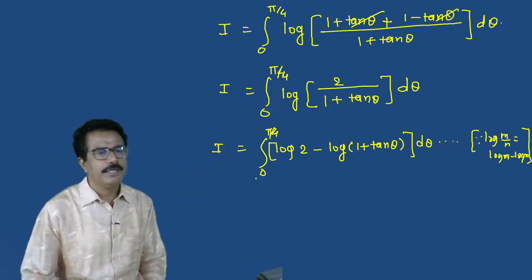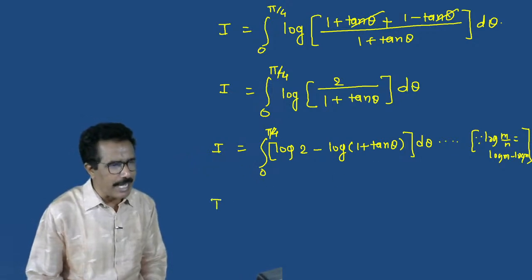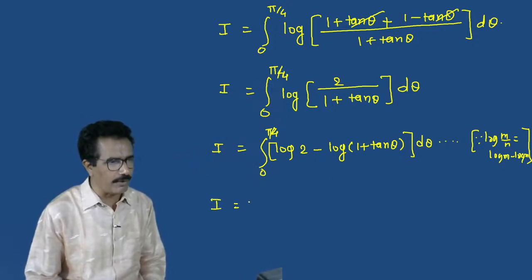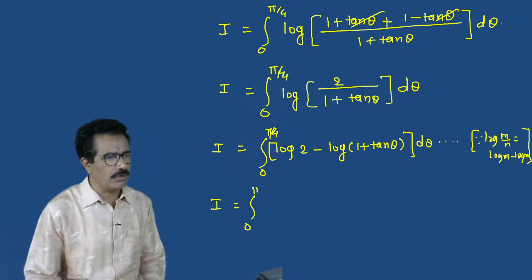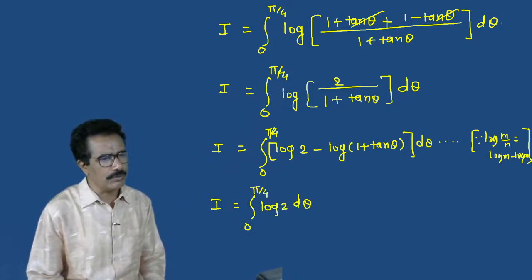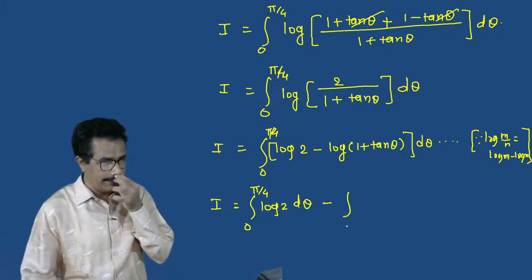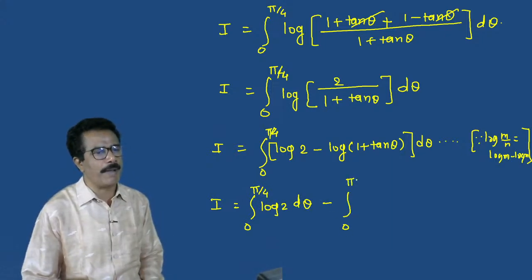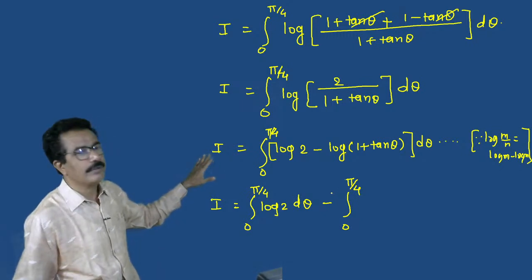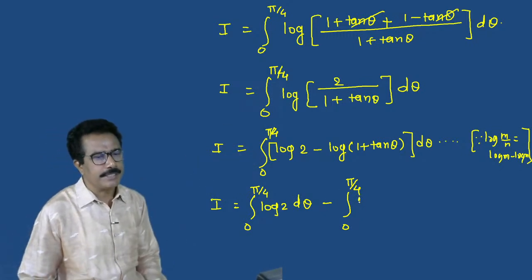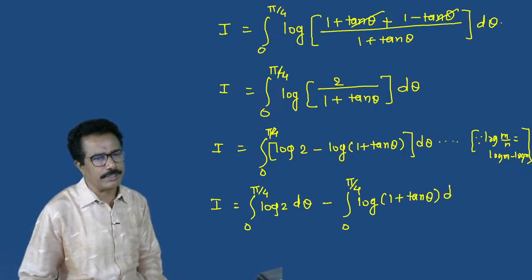Very nice. Now you can separate this integral. I is equal to the integral from 0 to pi by 4 of log 2 into d theta minus the integral from 0 to pi by 4 of log of 1 plus tan theta into d theta.